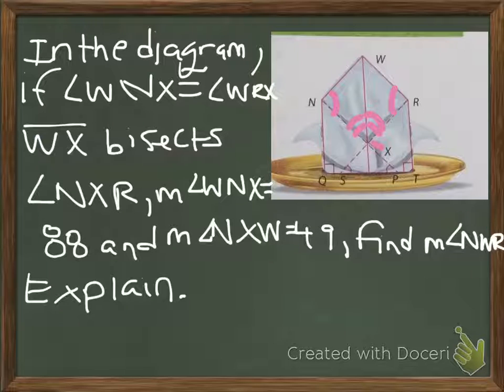And then it says angle WNX is 88, which is here. And then it also says NXW, which is down here, is 49. So we need to find NWR, which is up here, this one here.